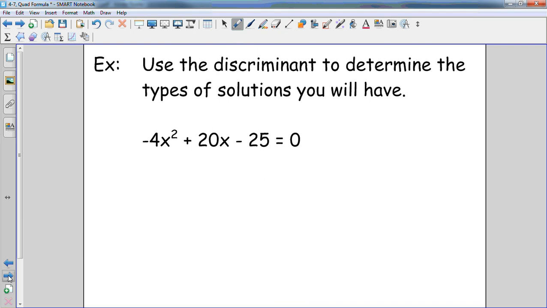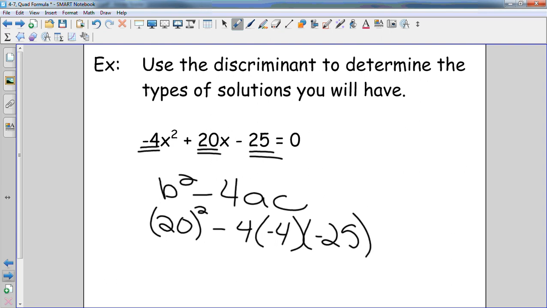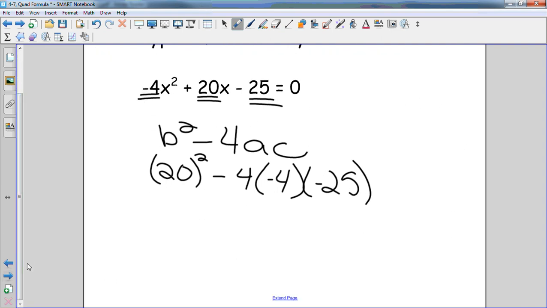Let's figure this one out. b squared minus 4ac. Plug them in. So I have 20 squared minus 4 times negative 4 times negative 25. 20 squared is 400. Minus 4 times negative 4 is negative 16 times negative 25.